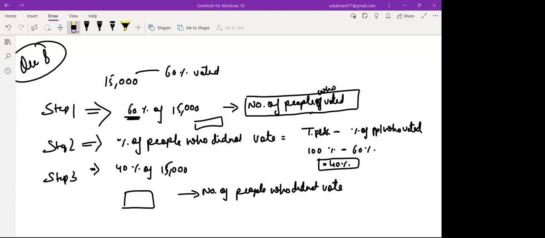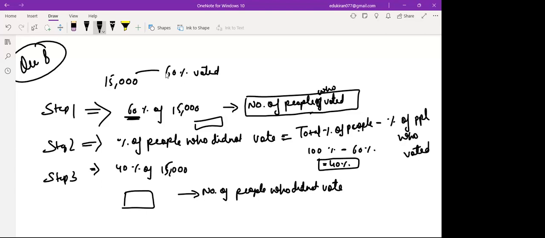Ma'am, in step 2, percentage of people who didn't vote, what did you write after the equals? Percentage of people who didn't vote equals total percentage of people. I'll write it again. There was T, meaning total percentage of people, minus percentage of people who voted. Okay, ma'am, thank you.